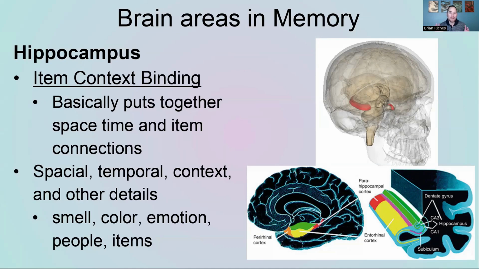And the hippocampus does that, is a really big piece of putting those connections together. And the main idea behind that is the more connections you have with something, the easier it is to remember. So it's a really well evolved structure to help us make connections, both with time, both with space, both with items, both with settings. And so that is a big part of what it's doing.